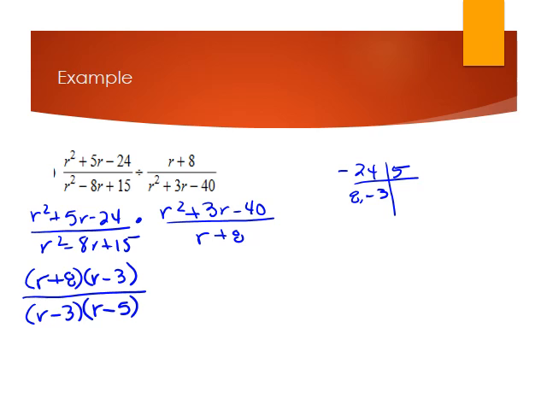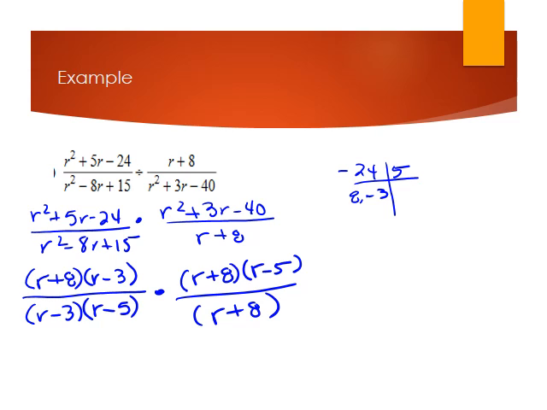So r minus 3 times r minus 5. In the second fraction on the top, I need factors of negative 40 that add to 3, and that's going to be positive 8 and negative 5. So this factors to r plus 8 and r minus 5. I hope you guys are trusting me by now with that.